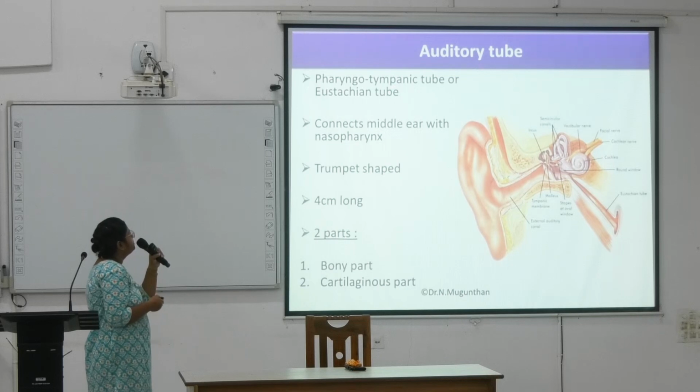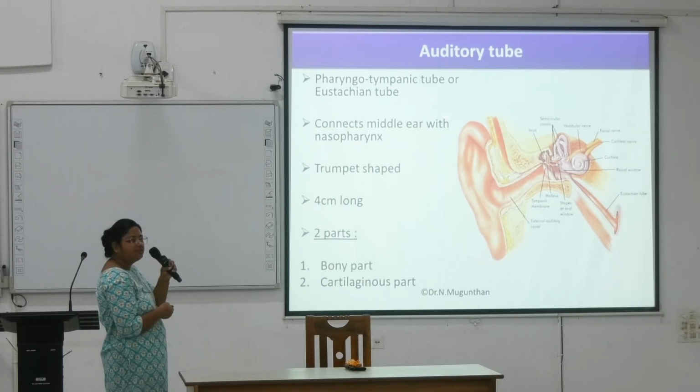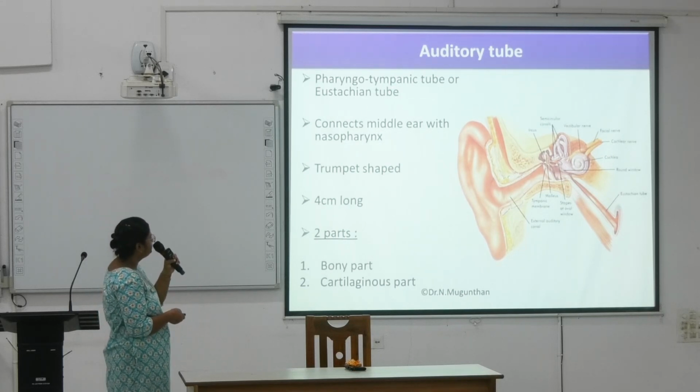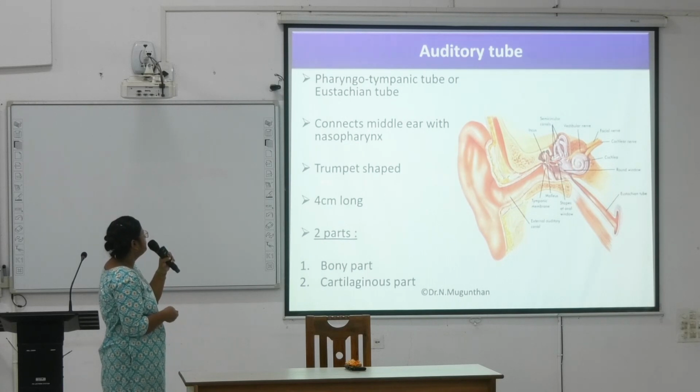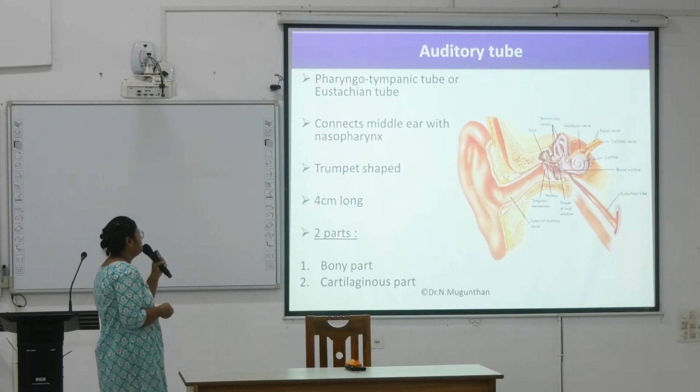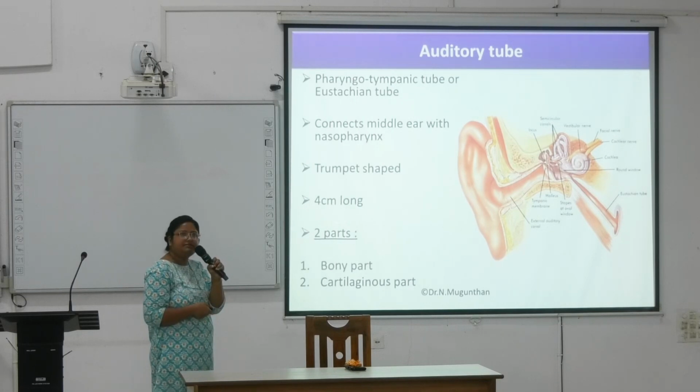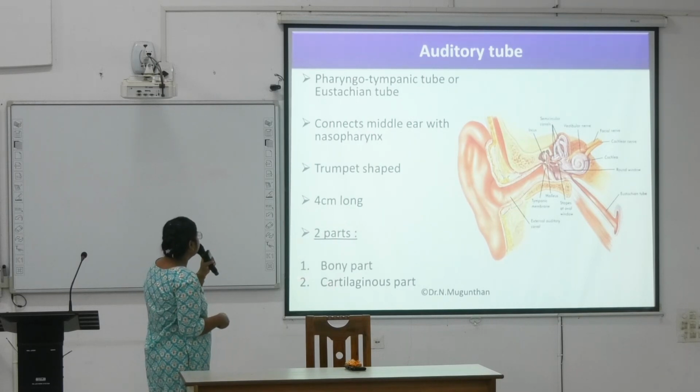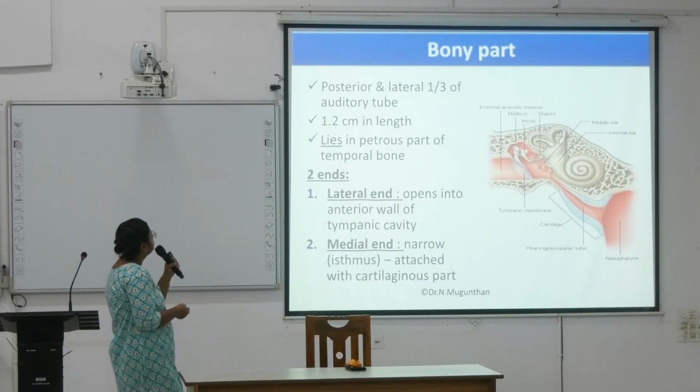It is also known as the pharyngotympanic tube or Eustachian tube, connects the middle ear with the nasopharynx, trumpet shaped, 4 centimeter or 36 millimeter in length, with two parts, bony part and cartilaginous part.